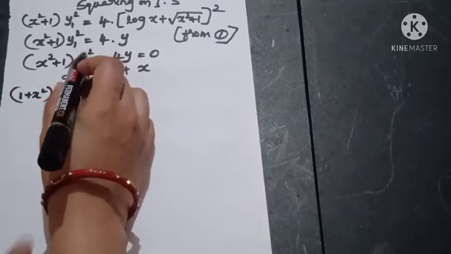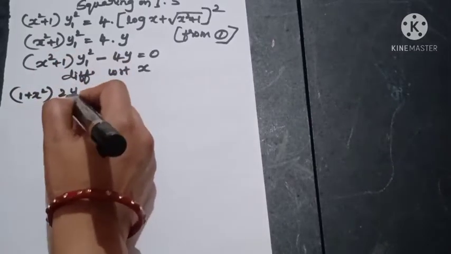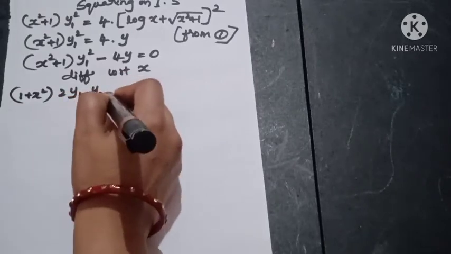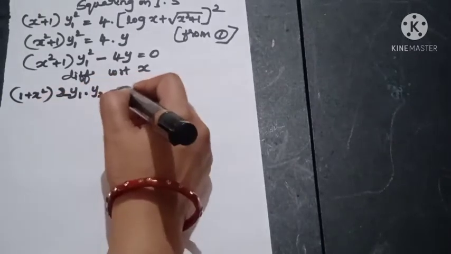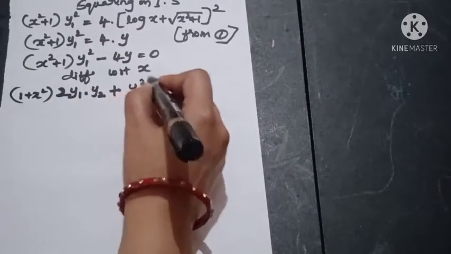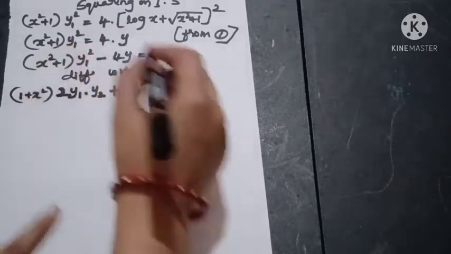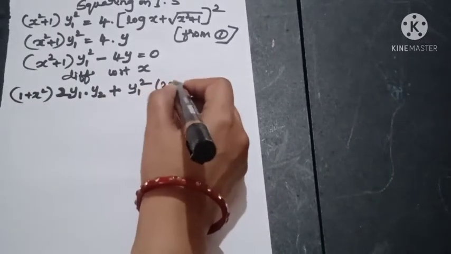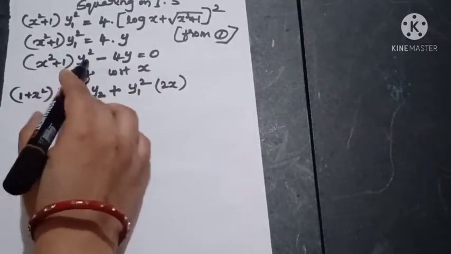Differentiation of y1 square is 2y1 y2, plus y1 square as it is, times the differentiation of x square plus 1, the second function. These are two functions u and v.